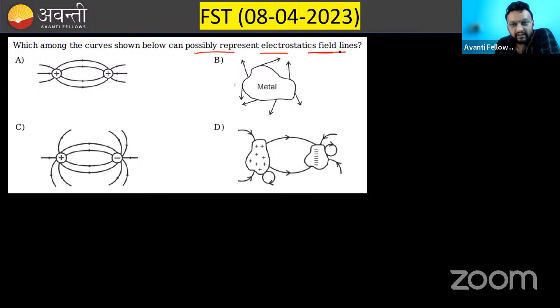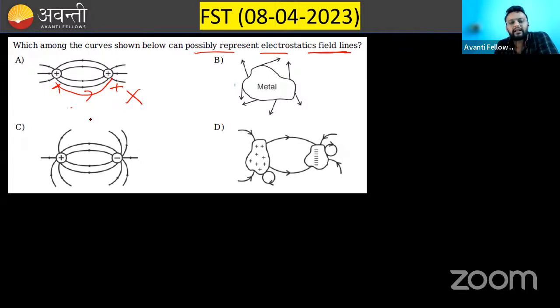Which possibly represents electrostatic field lines? In the first option, there are two positive charges, this is positive and this is positive. And you know that field lines emerge from a positive charge and terminate at a negative charge. But in this diagram, you can clearly see that field lines are emerging from a positive and terminating at a positive charge, which is impossible.